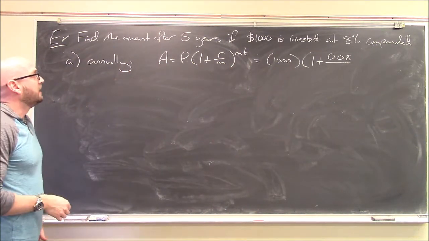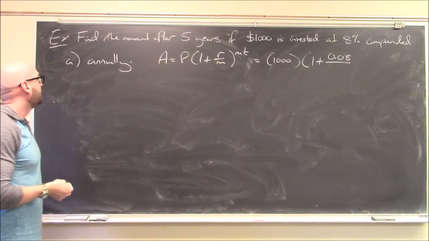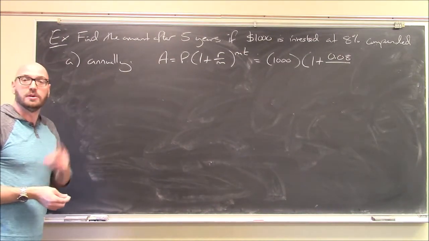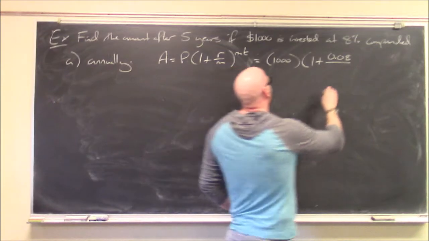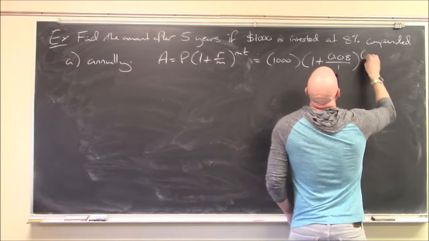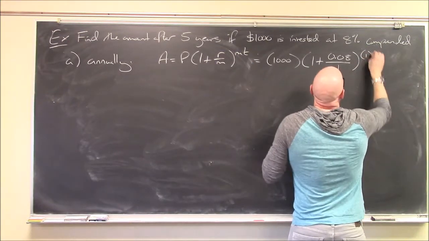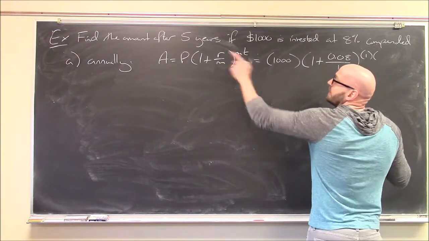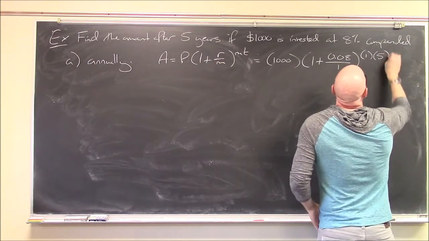So this is the number of compounds we have per year. Well, if we're compounding annually, the number of compounds per year is just 1, right? So this is just over 1, times mt, so m we agreed was 1, and t, we're asked to do this after 5 years, so 1 times 5.